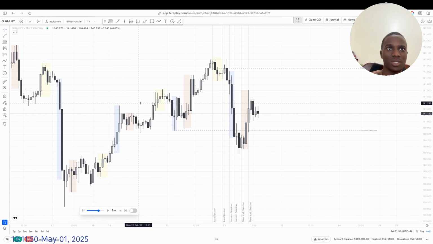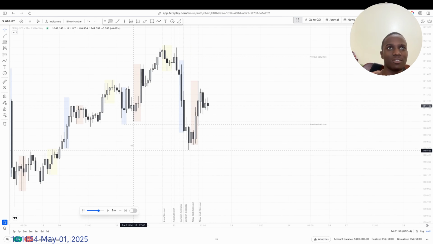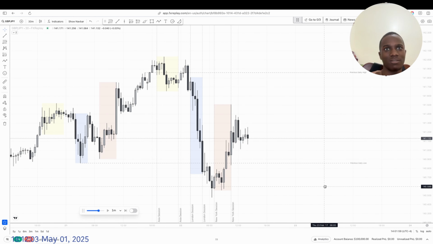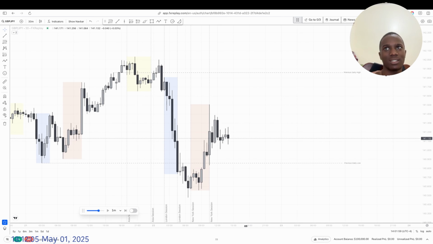You can see this price leg here. Market jumped, then created the corrective move, taking up this liquidity. With the 30-minute, we can try to look for a shift, a fair value gap retest, then we enter and see if we can get a buy to take out the previous day high.